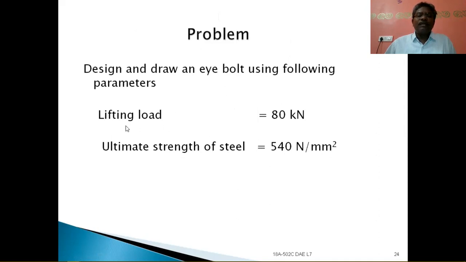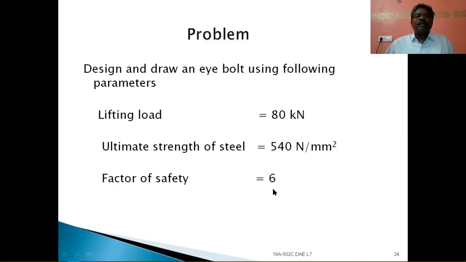From this, we have to calculate the permissible or allowable value by using the factor of safety, right? So factor of safety is equal to 6.